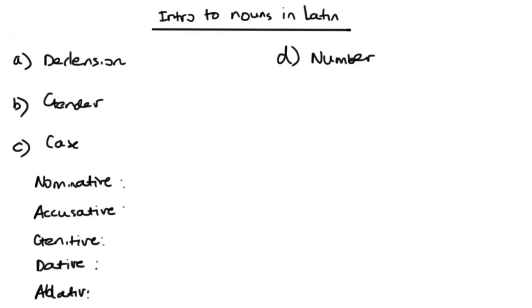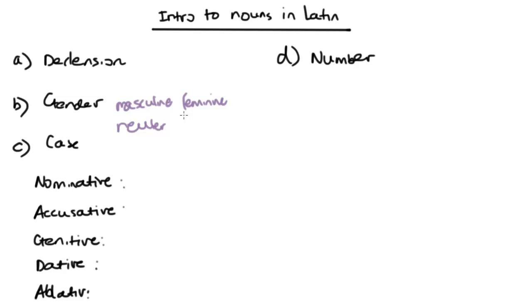So the next thing is gender. There are 3 genders in Latin. You have masculine, feminine, and neuter. If you're studying a modern language, you should probably be familiar with masculine and feminine. In English, we don't have genders, but masculine and feminine shouldn't come as a surprise.